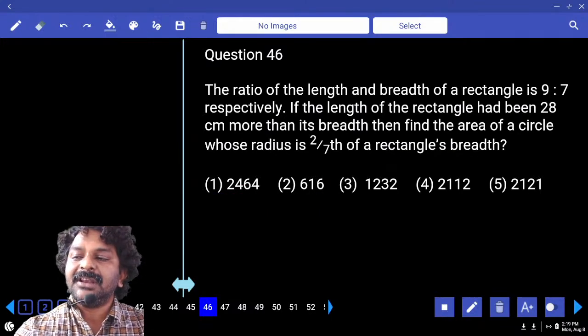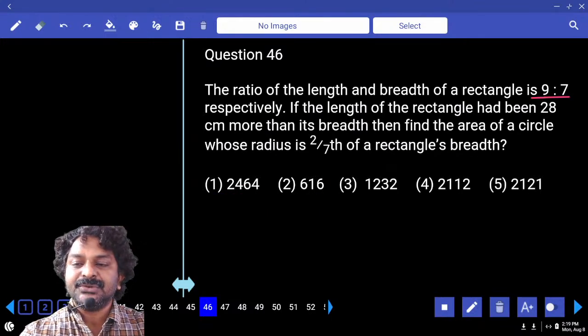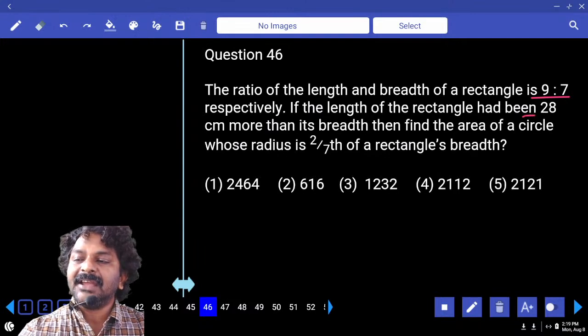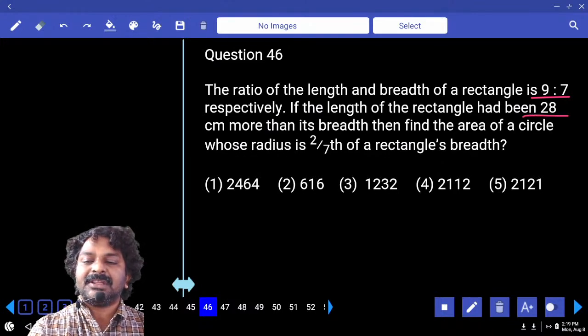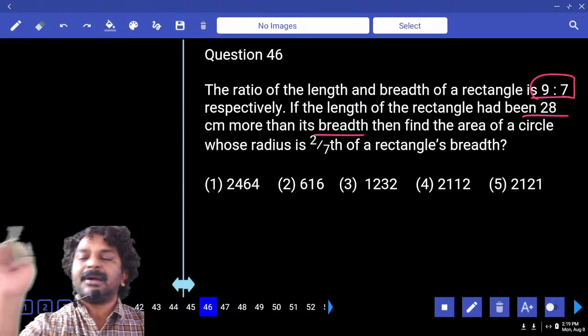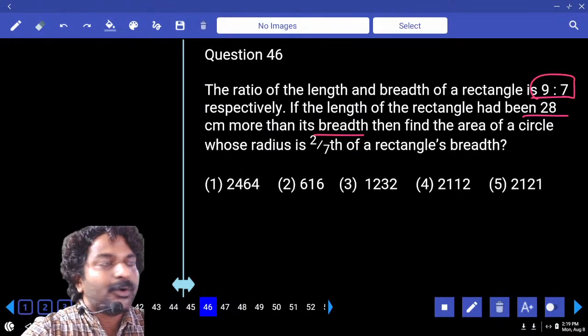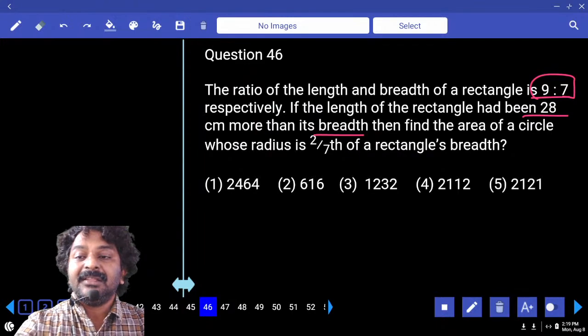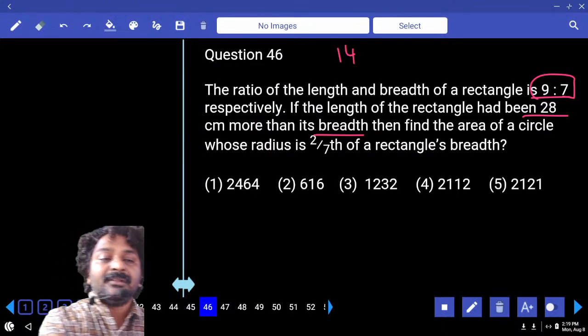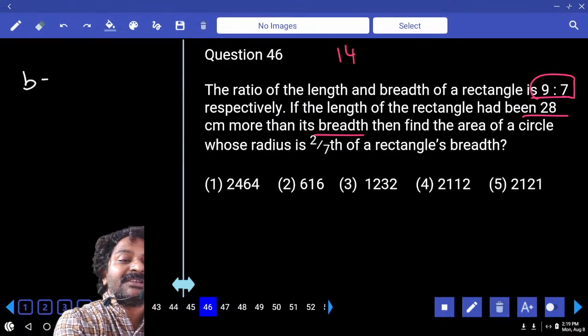Now the ratio between length and breadth is mentioned as 9:7. And the length of the rectangle is 28 centimeters more than the breadth. In terms of number of parts, what is the difference? 2 parts, which is 28. Then 1 part is equal to 14, and breadth is equal to 7 parts, which is 7 into 14 only.